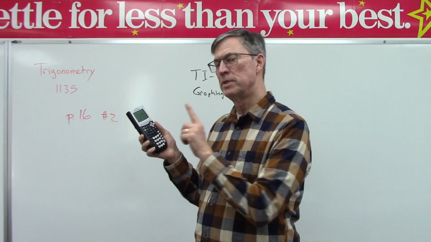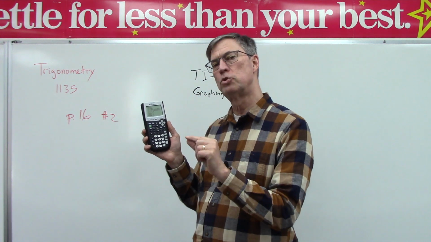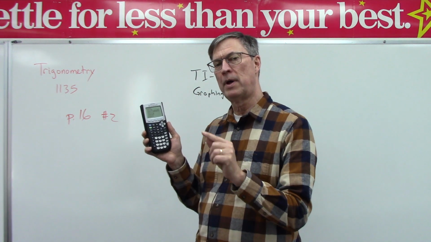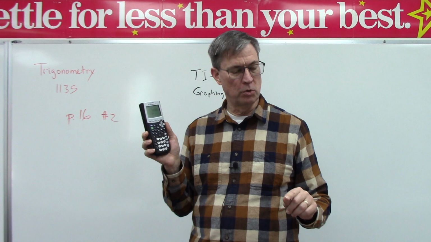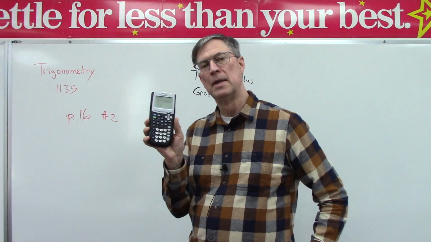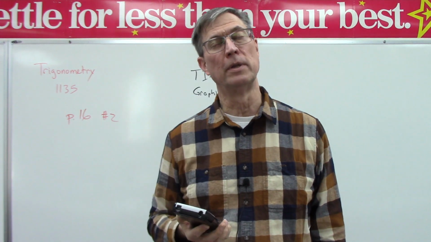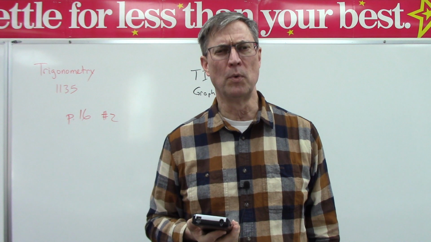Now, I want to point something out to you. Even though we put in 2 pi and we put in pi over 4, and when you go to the score key, that's what they're going to have, here on the screen they converted it, and we have the decimal equivalent. So pi is like 3.14.